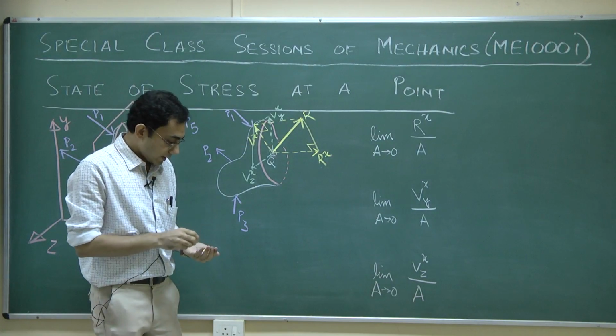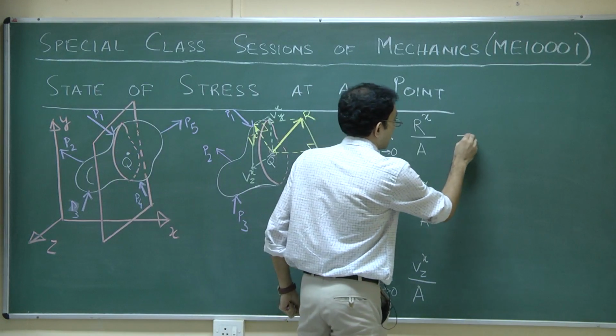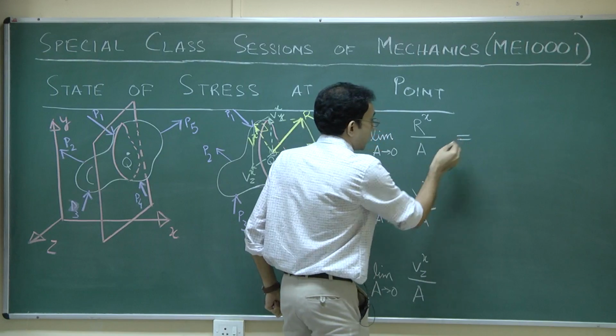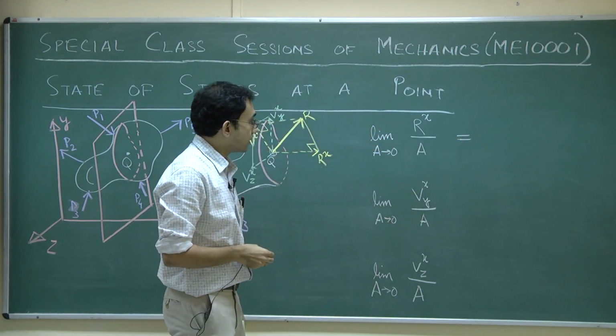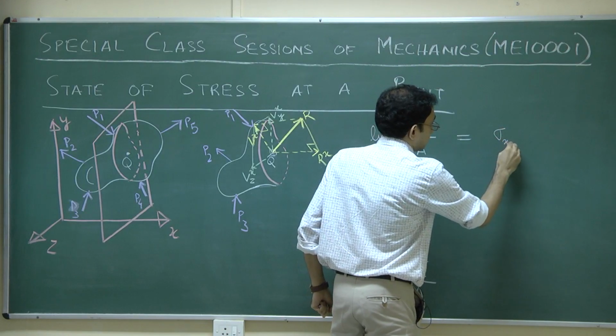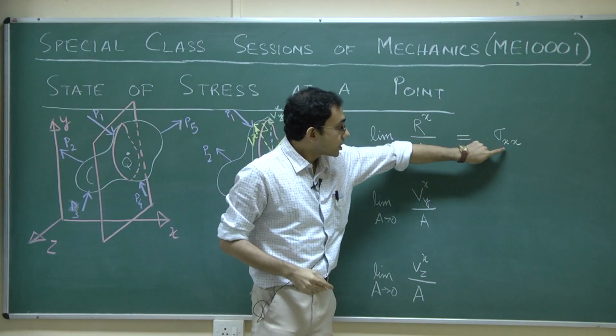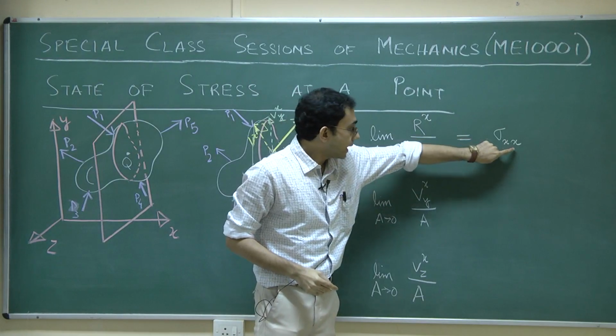Now what we say is that as this area tends to 0, this will give me a finite scalar value, and that will be represented by this symbol, the Greek symbol sigma subscript xx.